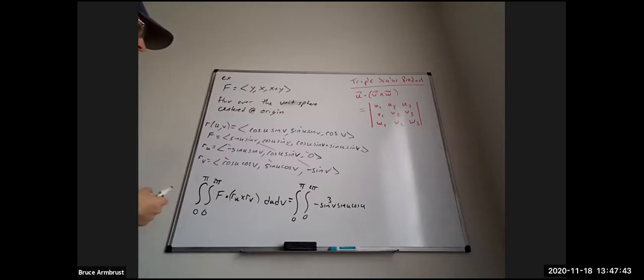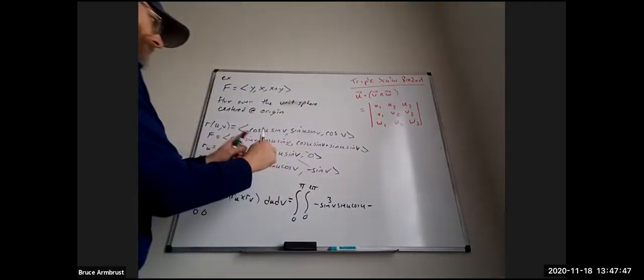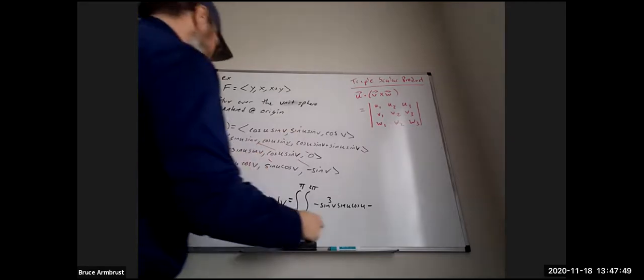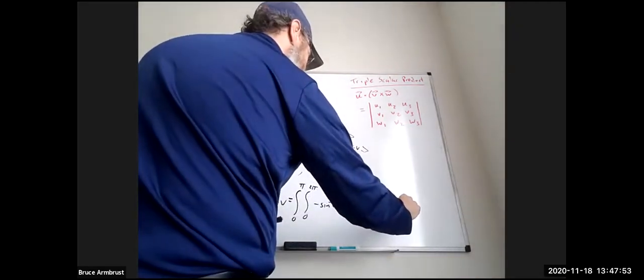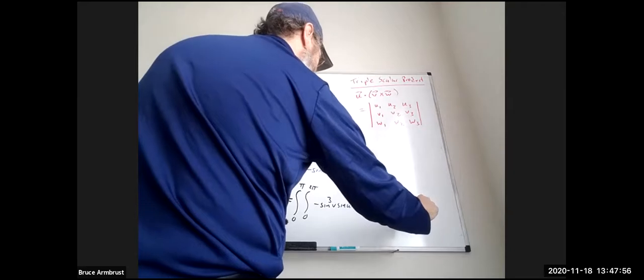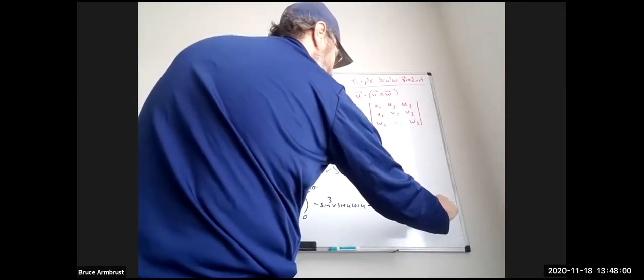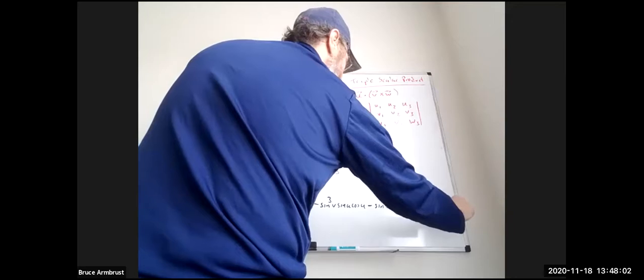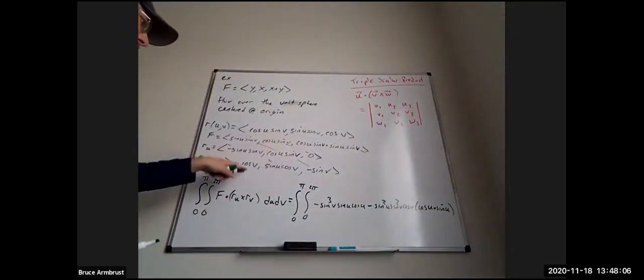So that's going to be minus sine squared u sine squared v cosine v times cosine u plus sine u. I'm pretty sure that's that third one.